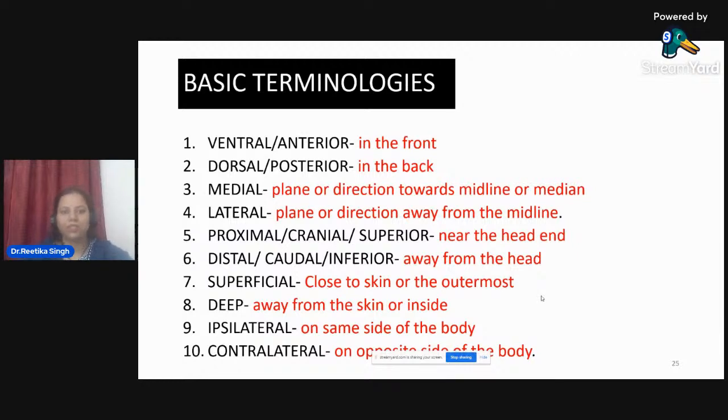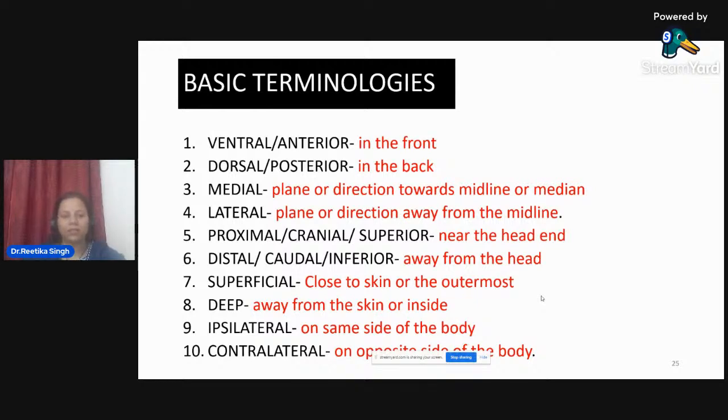Okay, basic terminology. What are the terms which we use during the study of anatomy? Anterior, in the front. Anterior means the front of the body, and posterior is the back part of the body.